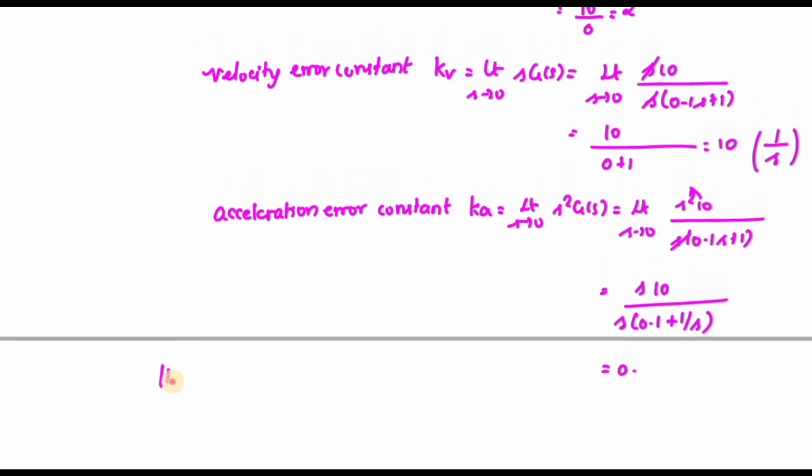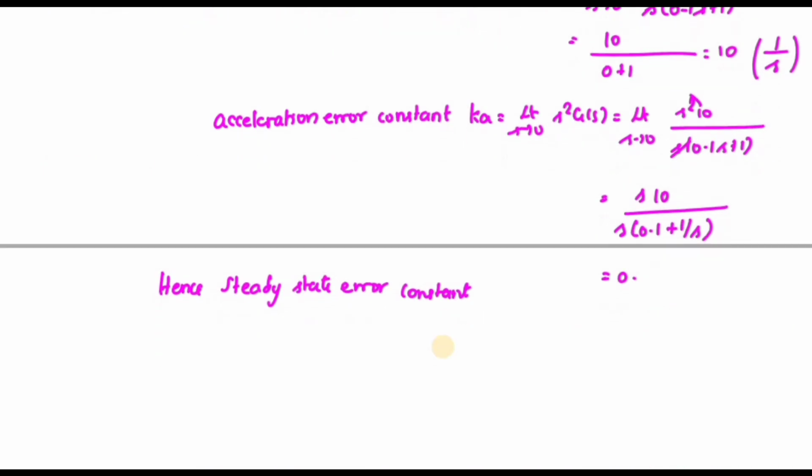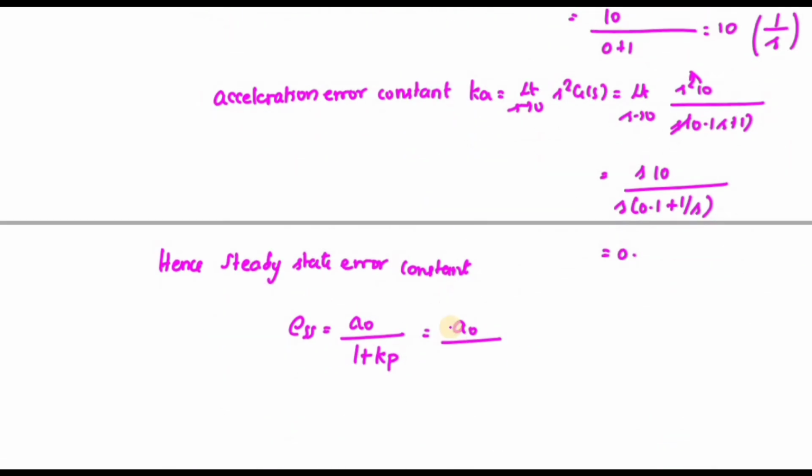Next, I need to find the steady state error. So here the input is a0. If the input is a0, it is nothing but related to the position error constant. So I can give ess equal to a0, my amplitude, divided by 1 plus Kp. 1 plus Kp is 1 plus infinity, so it is nothing but 0.